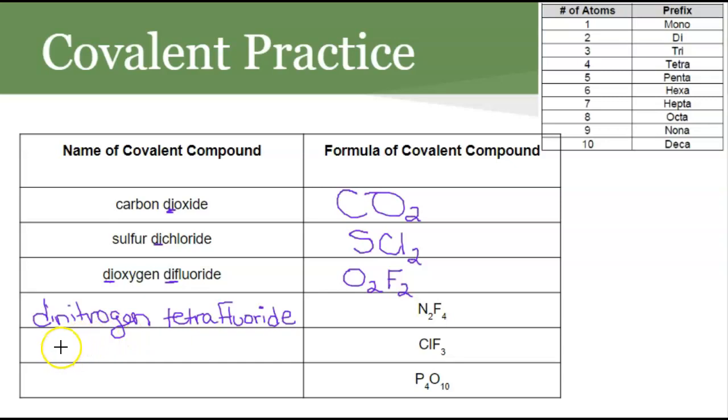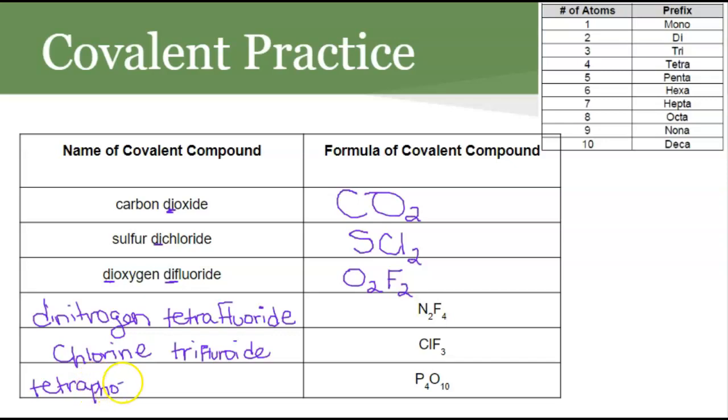Moving on, I only have 1 chlorine, so I'm just going to put chlorine. And then I have 3, so tri, like a tricycle. Fluoride would be the name of this one. And then finally, I have tetra, so I have 4 phosphoruses, or excuse me, yes, phosphorus.